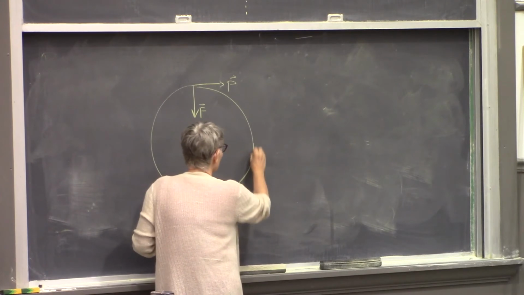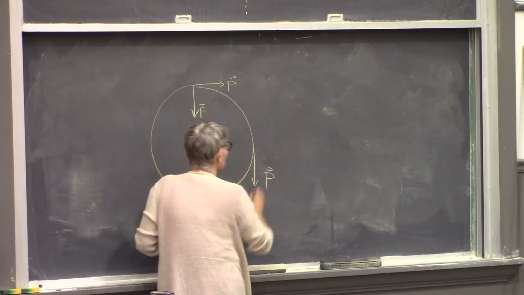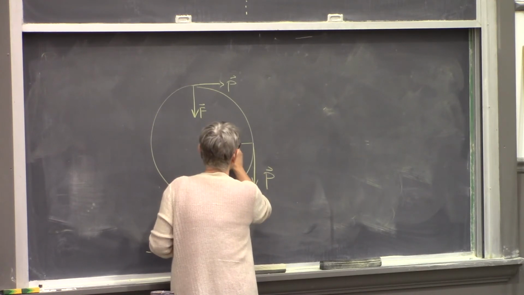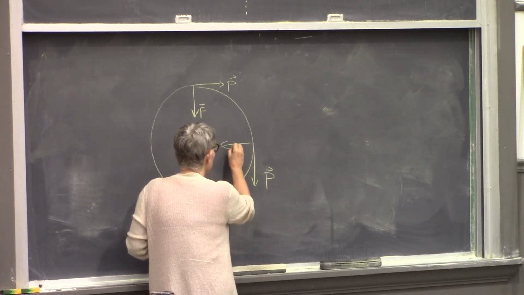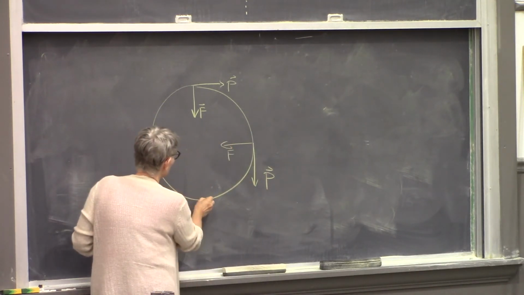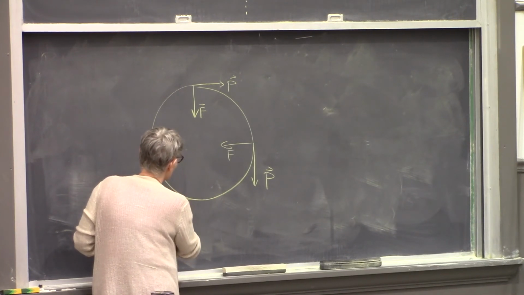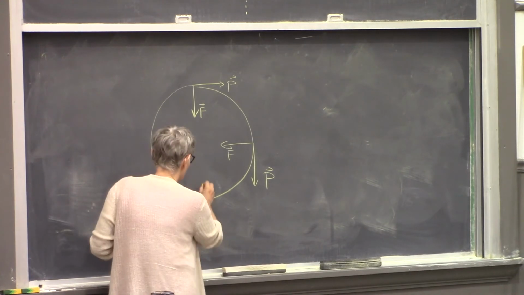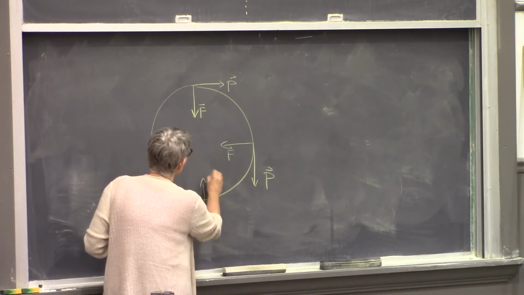And so when it was down here going like this, he had to apply a force that way. And when it's here going like this, he has to apply a force that way.